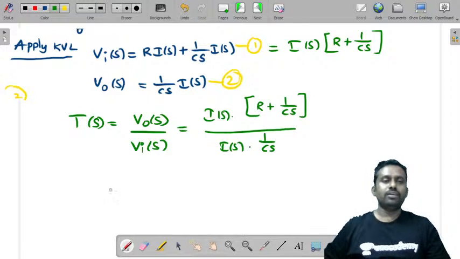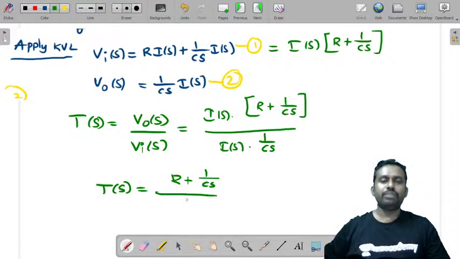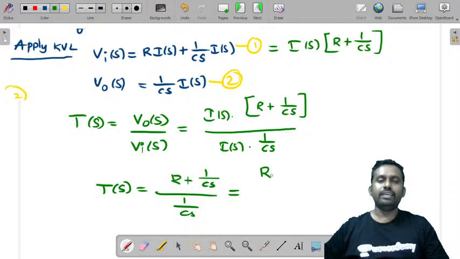by Cs. So the transfer function T of S is equal to R plus 1 by Cs by 1 by Cs, which you can write as, if you take LCM, RCs plus 1 by Cs by 1 by Cs.